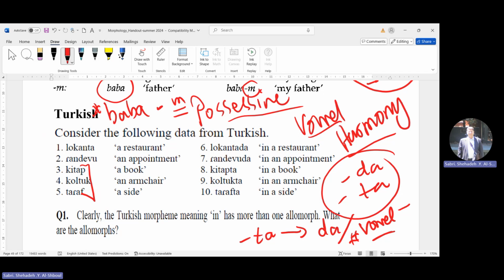Still, we cannot tell whether it is da that is preceded by a voiced consonant, because in the data here we don't have any voiced consonant to determine whether it also can accept da in the final position.